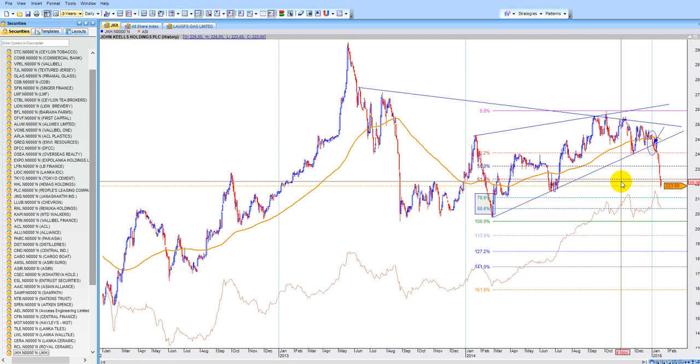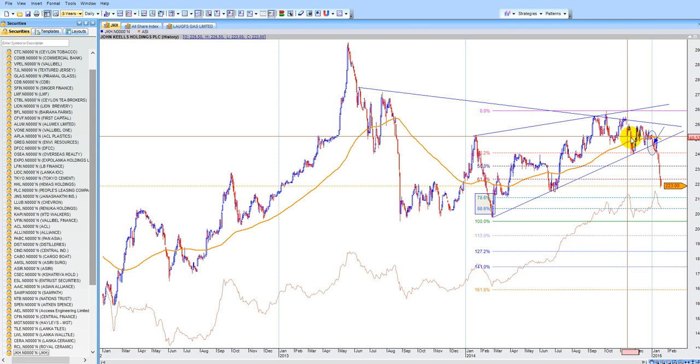I think they can sort it out in the coming months, and that should give us a clear choice as to what we should be doing. For me and for the foreigners, I think JKH is one of their favorites. So there will be gradual demand to hold this one, and we need to look at it.